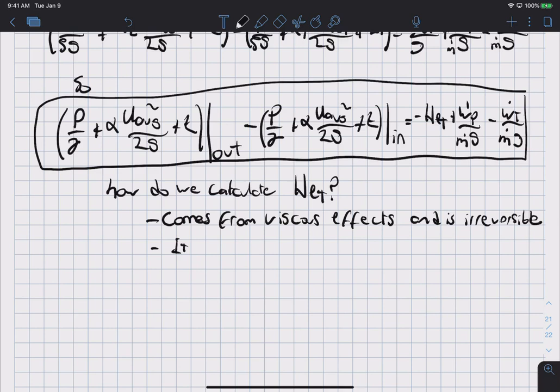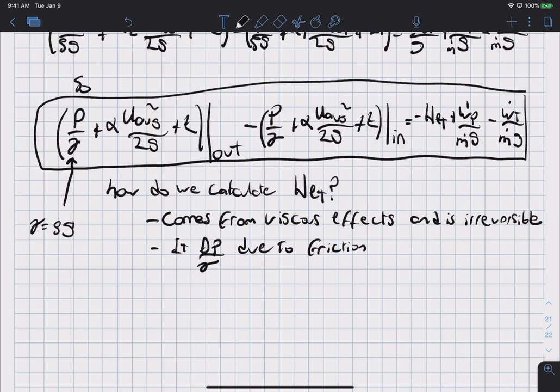And it is delta P divided by gamma due to friction. Oh, and I forgot, recall that gamma is just equal to rho times g, the specific weight. Okay?